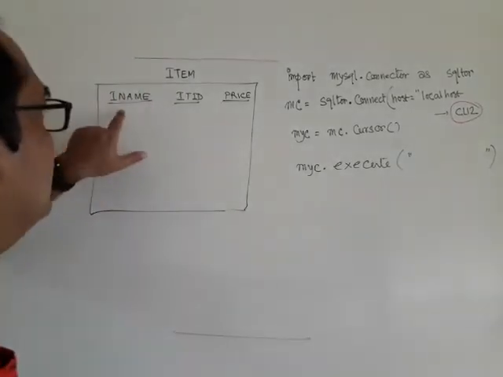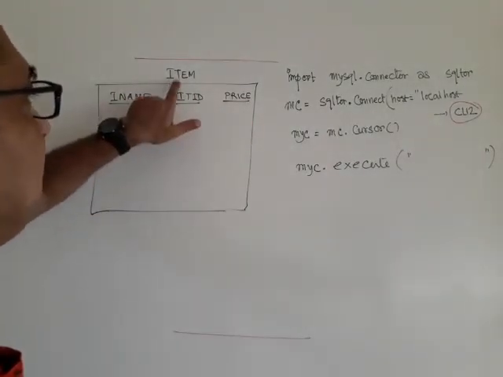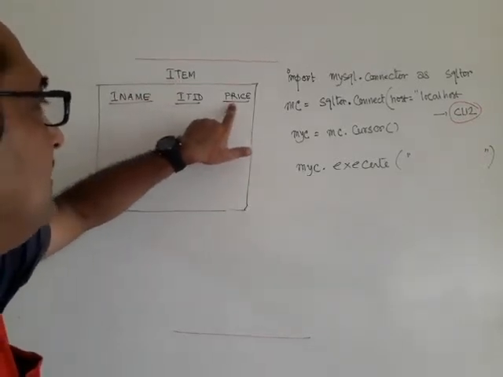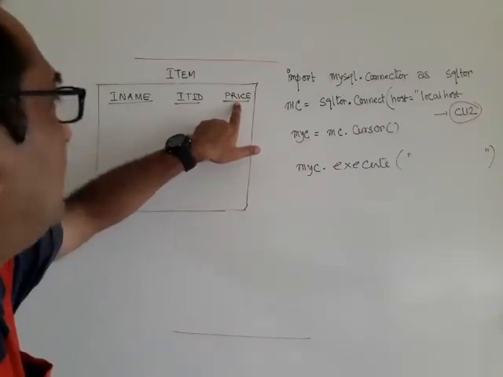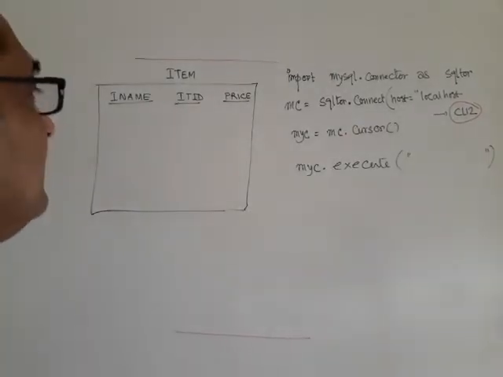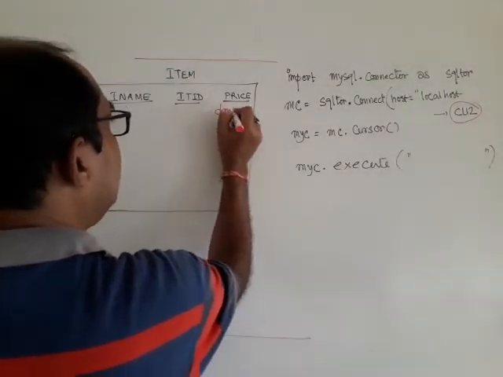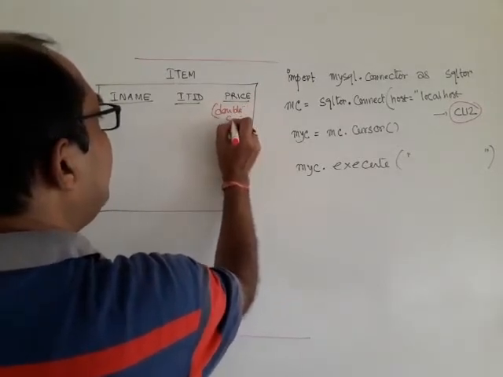Fine, I just created the structure of the item because we will be needing it. Item is a table which has three fields: item, ITID, and price. Imagine the price column is given as double. ITID is an integer. I'm just writing the type of it because that also we might read. While creating the table, say I created price as double, 5,2.